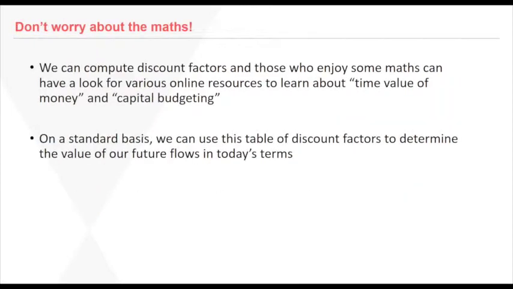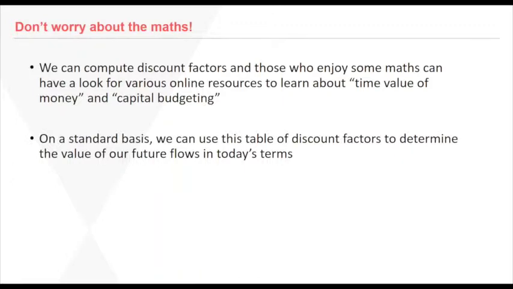Some of you may be really interested in the maths of this. And if you are, I really would suggest that you just do a little bit of Google searching. There are plenty of resources available online that will explain time value of money and how that applies to capital budgeting. But it is not the intention to throw anybody into the deep end with some heavy duty maths.